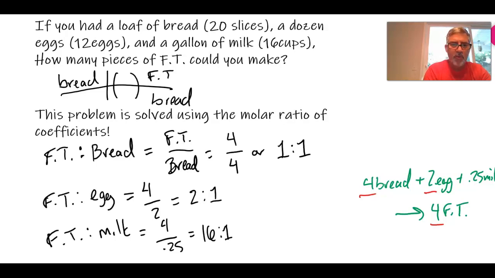All I have to do is use the molar ratios. This is 4:4. If I have 20 pieces of bread to start out with, I can make 20 French toast.